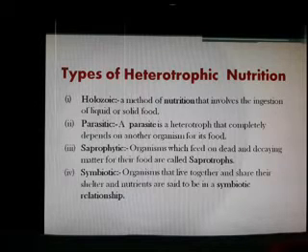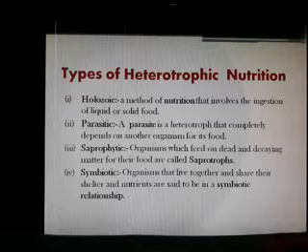For example, lichens. In lichens, algae and fungus live together, in which algae provide food to fungus and fungus provides shelter and protection to the algae.